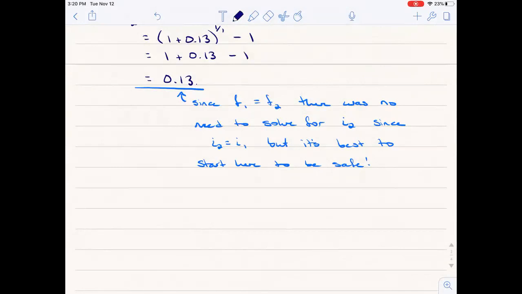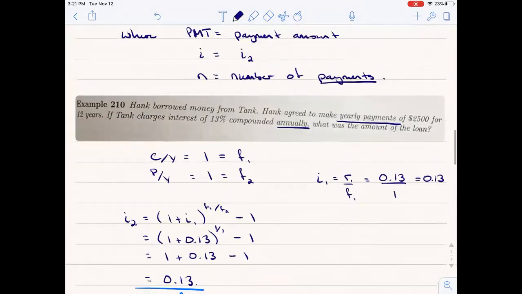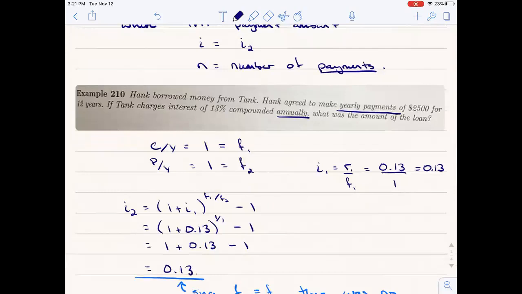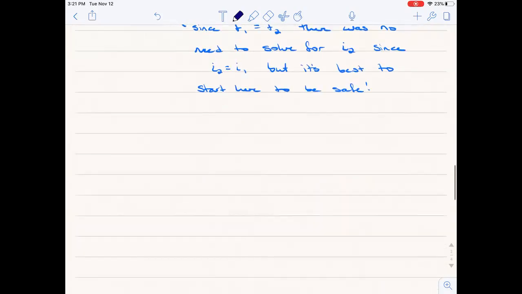We made some changes to the timeline if we have annuities, because now we've got these regular payments. For these timelines, I want to see the first 3 ticks and the last 2 ticks. He's going to make yearly payments for 12 years, so we start our timeline today and it goes for 12 years.